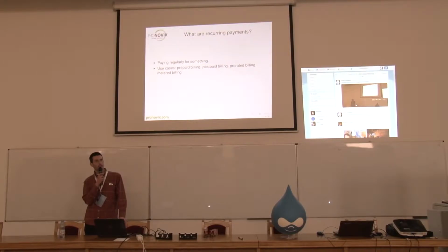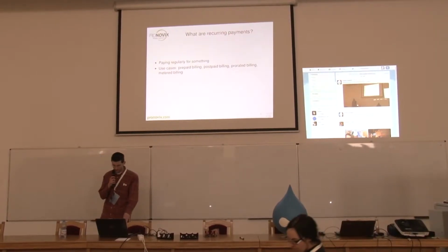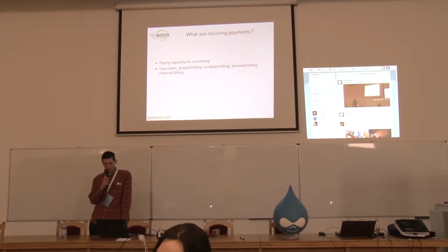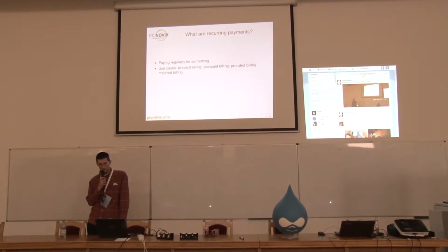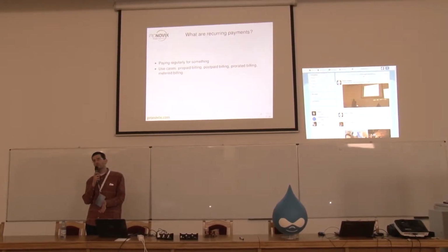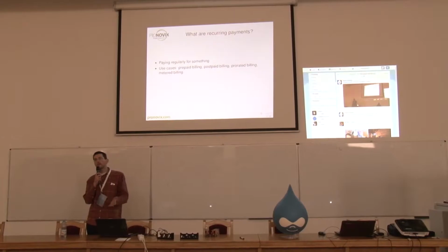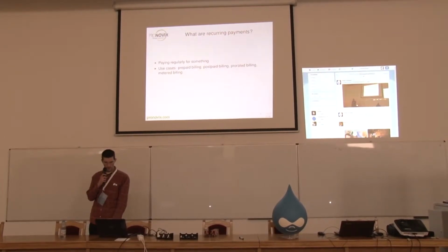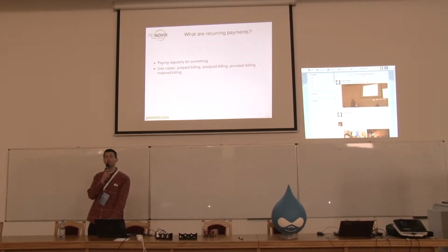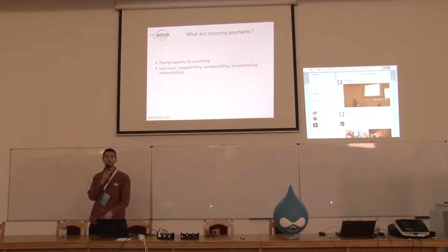It's a case when, for example, the subscription is valid for 1 month, and the purchase happens in the middle of the month. Then you just pay half the price. And there's of course metered billing, where billing is based on usage. How many videos you have looked at, or how many articles you read.